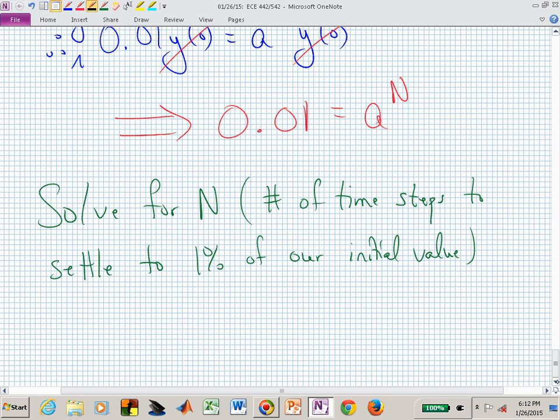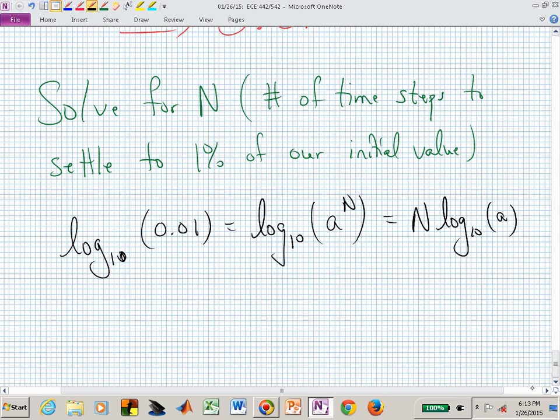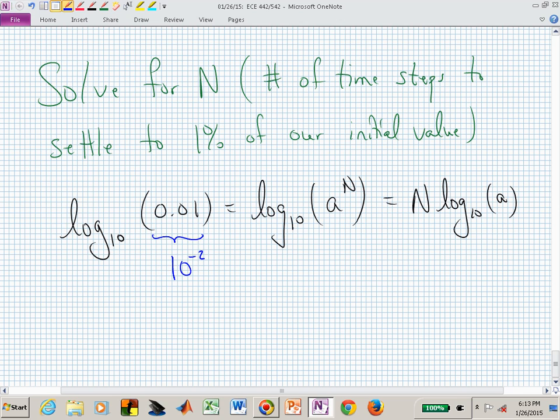Meaning, if we now take the log of both sides, and in particular base 10 log, since this is 10 to the minus 2, this allows us to say that minus 2 is equal to n log base 10 of a.